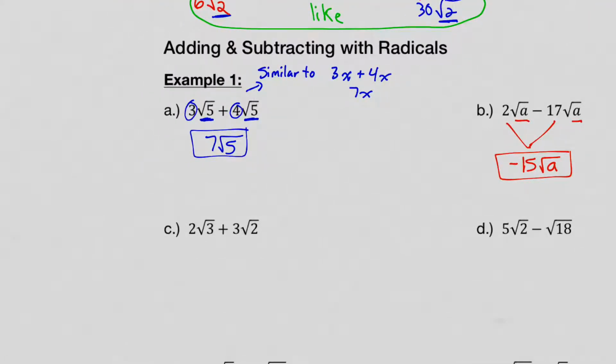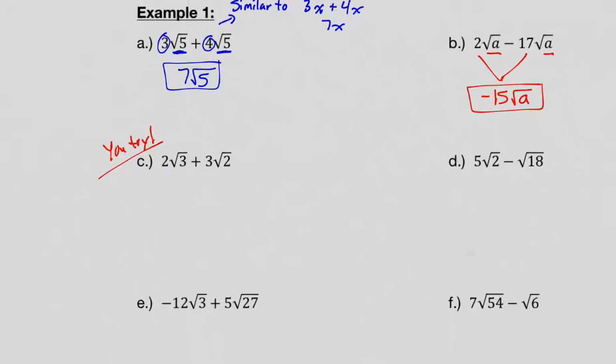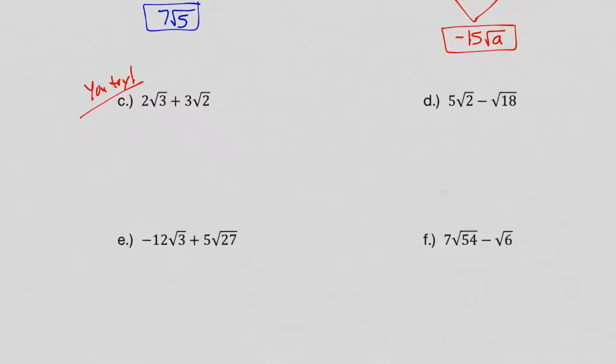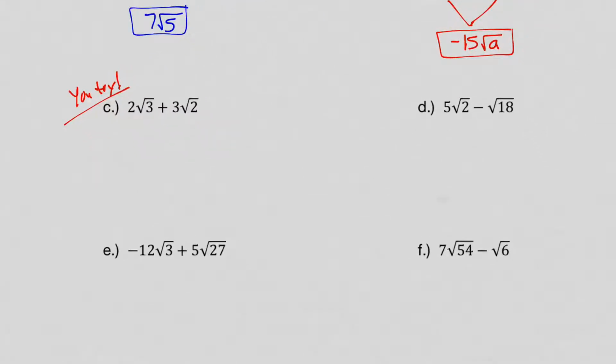So why don't you try this one? Hopefully you didn't write any numbers, because this radical 3 and radical 2 are not like.